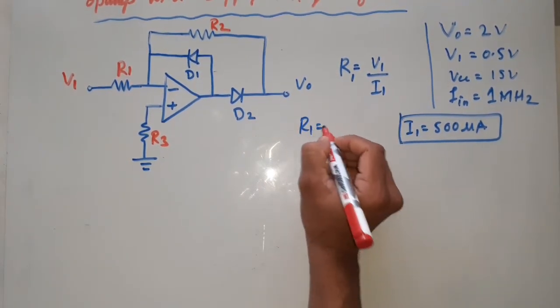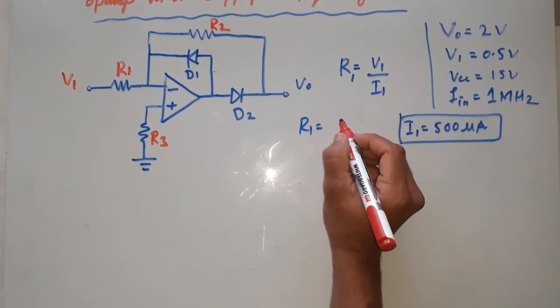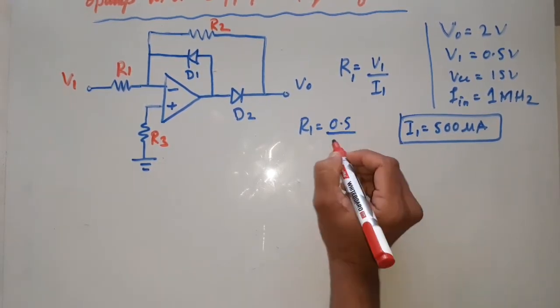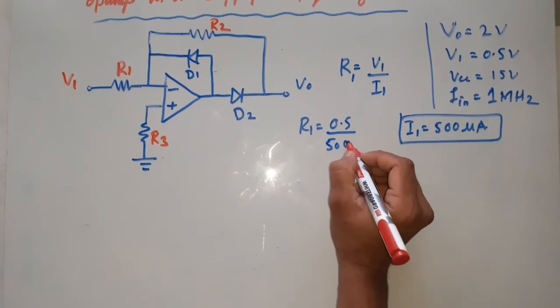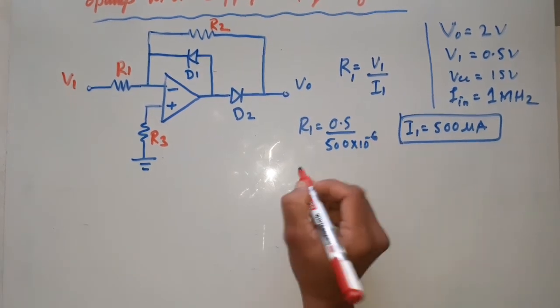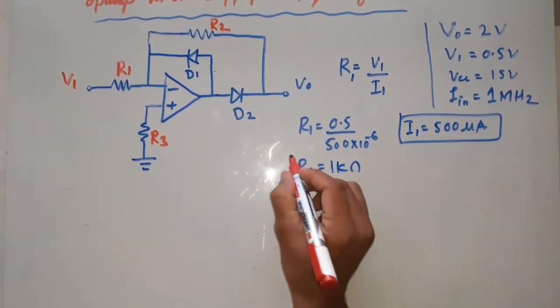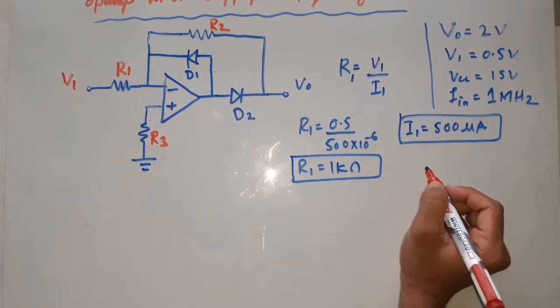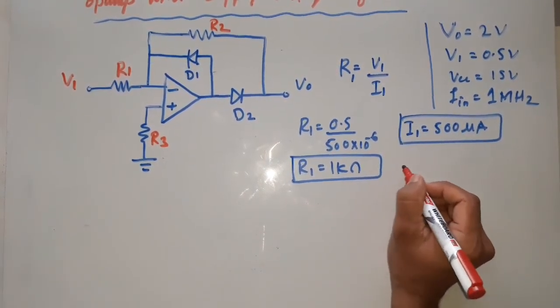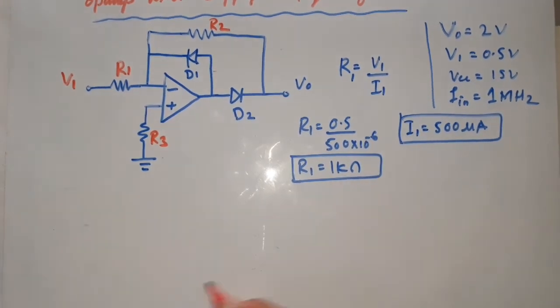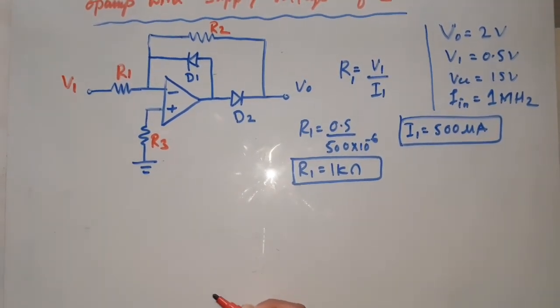Therefore R1 is equal to, what is V1? Input voltage 0.5. What is I1? 500 times 10 raised to minus 6. This will give you R1 equal to 1 kilo ohm, which is also a standard value of resistance. This is about R1.